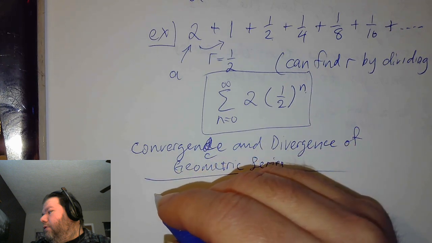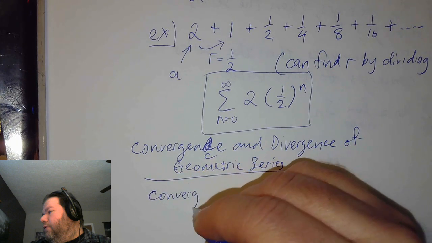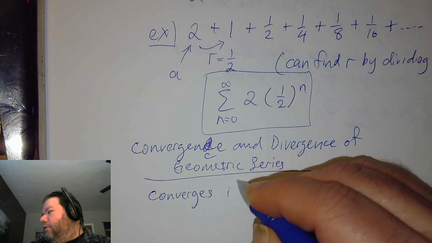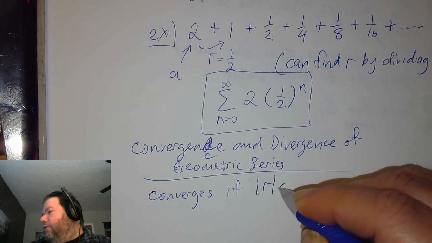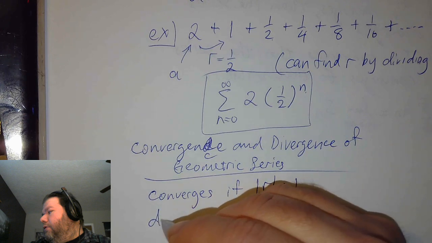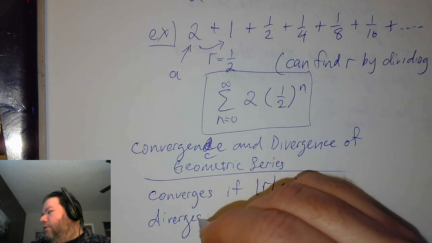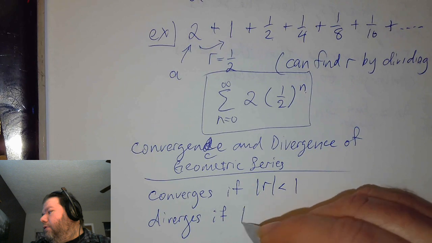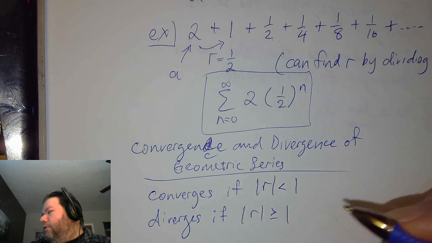And this says it converges if the absolute value of R is less than 1, and diverges if the absolute value of R is greater than or equal to 1.